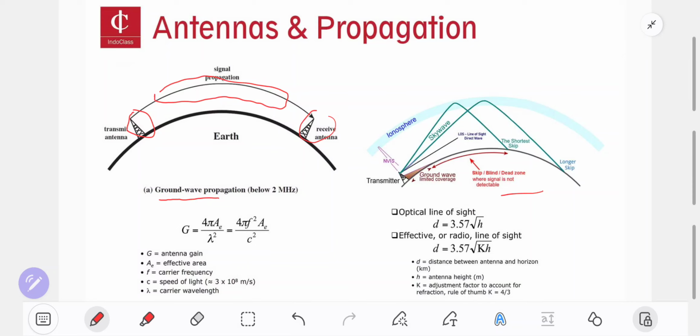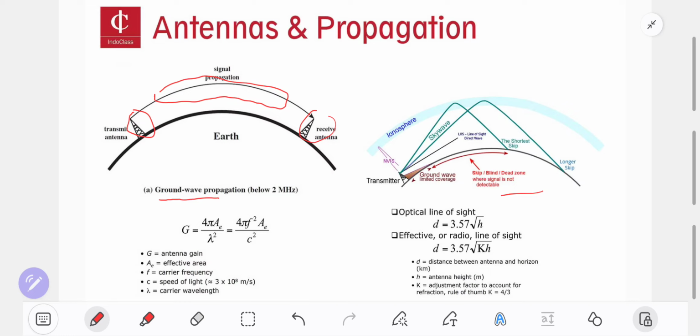Free space propagation is wave moving through air without obstacle. For example, satellite.